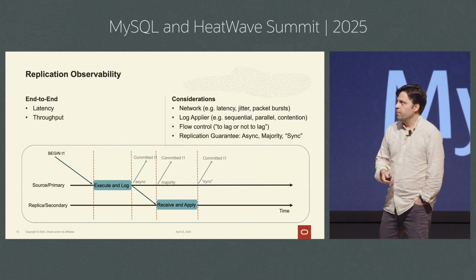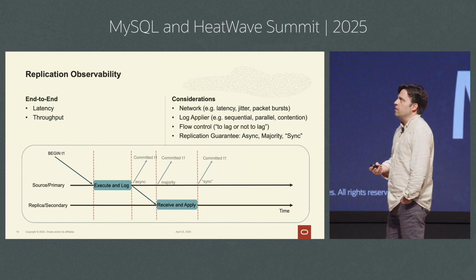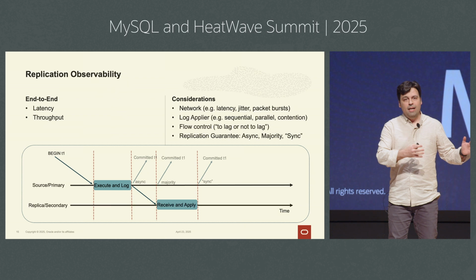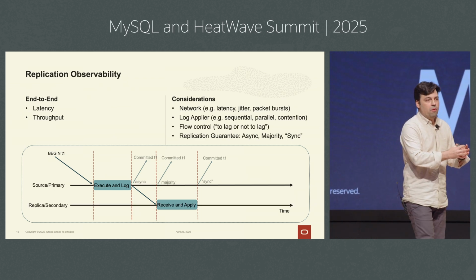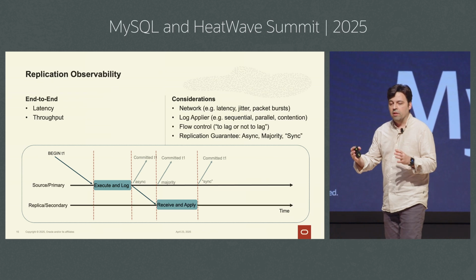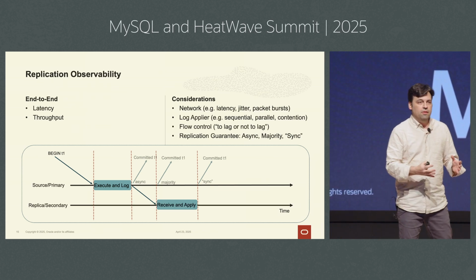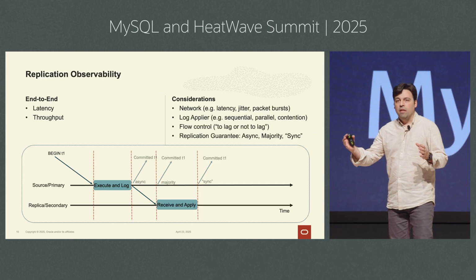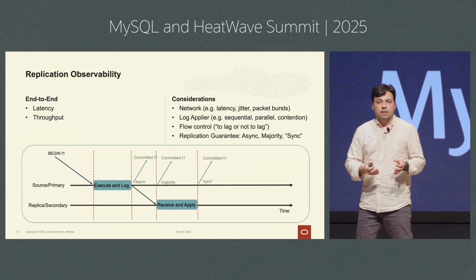So, observe. When we talk about observability, in particular in replication, we're talking about trying to understand, trying to see how things go throughout the replication topology. We cannot think about a single instance. We need to think about instance A, instance B, instance C. They are all interconnected.